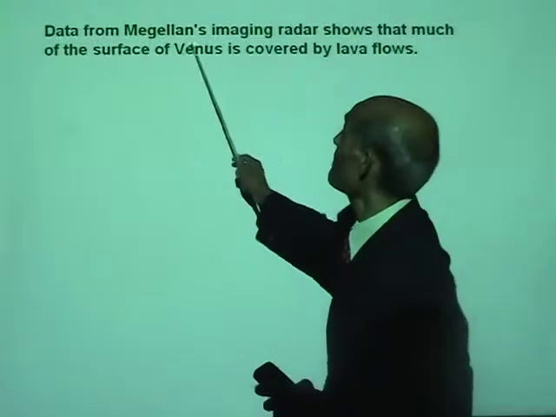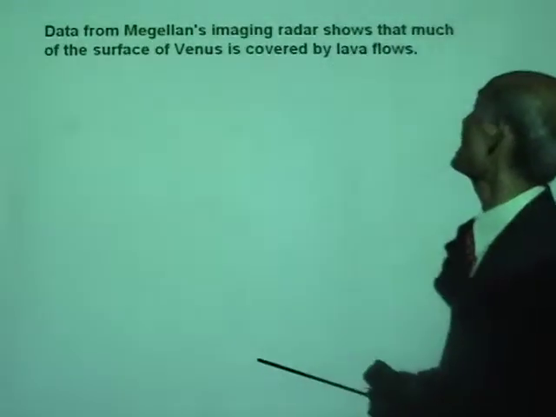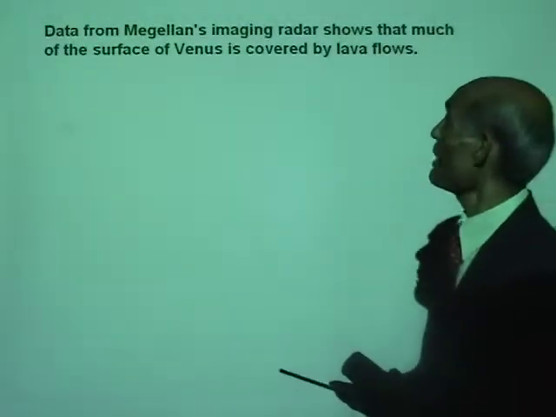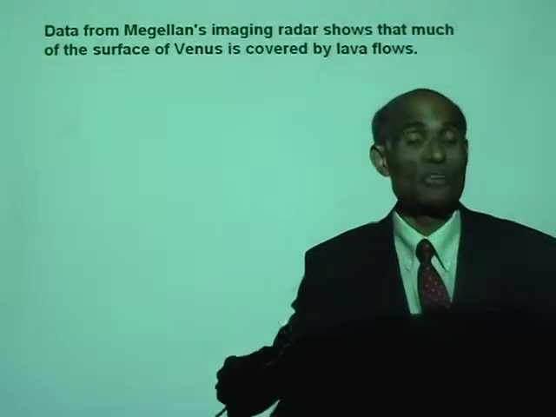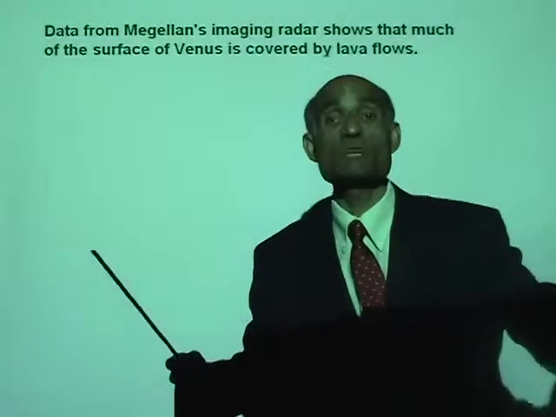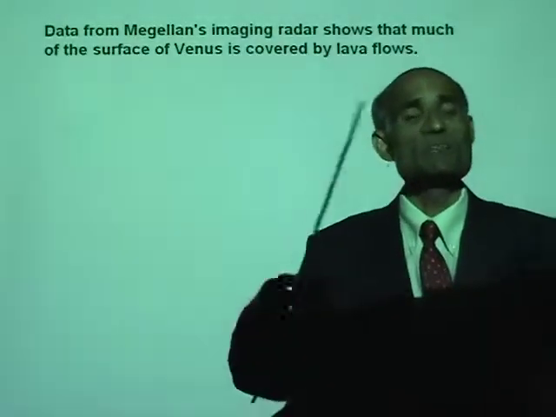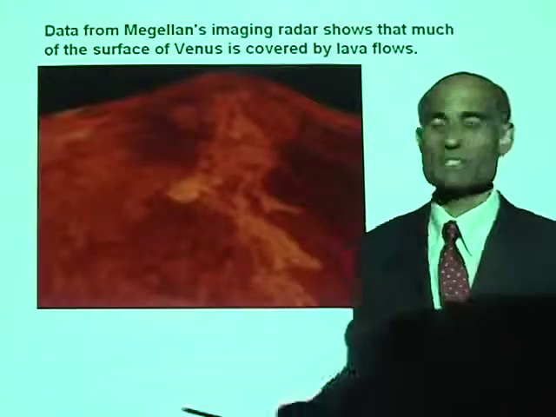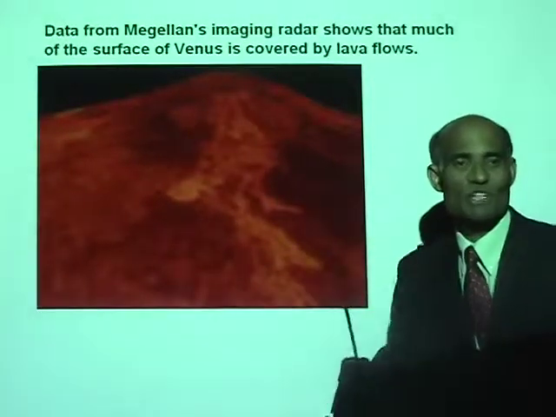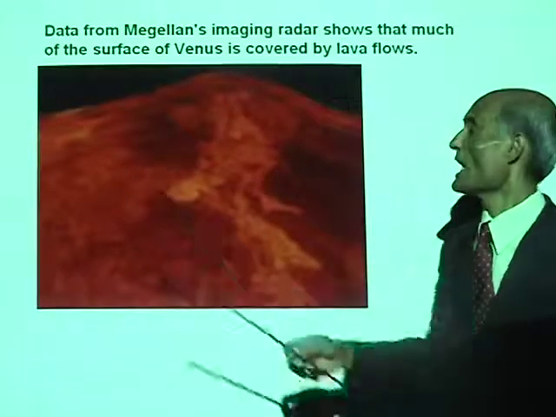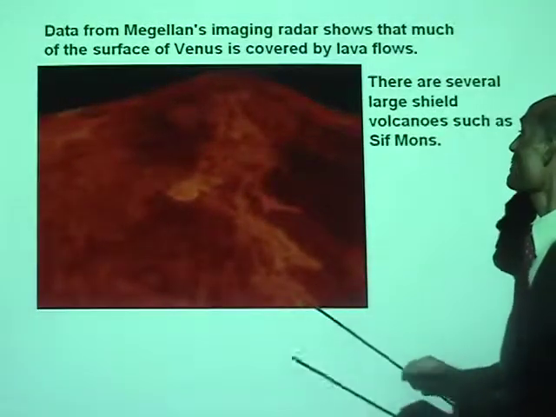The data from Magellan's imaging radar shows that much of the surface of Venus is covered by lava flows. In other words, Venus has been and even now is very volcanically active. And you can see this is the picture of an active volcano, lava coming out and flowing into the surrounding regions.